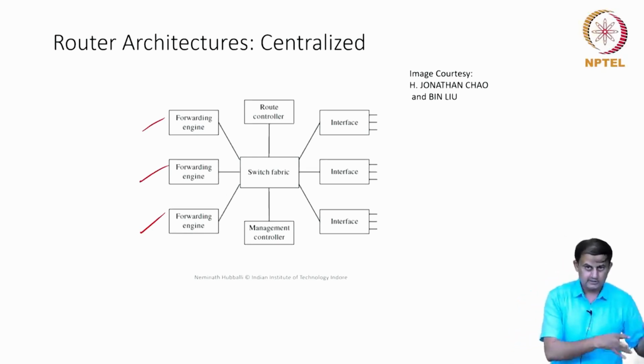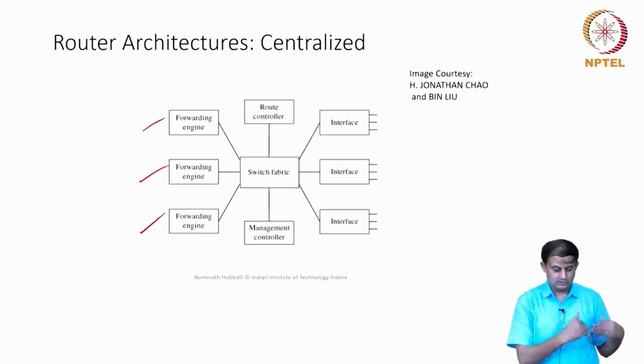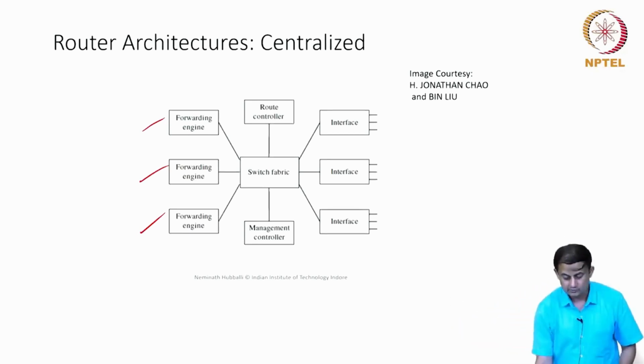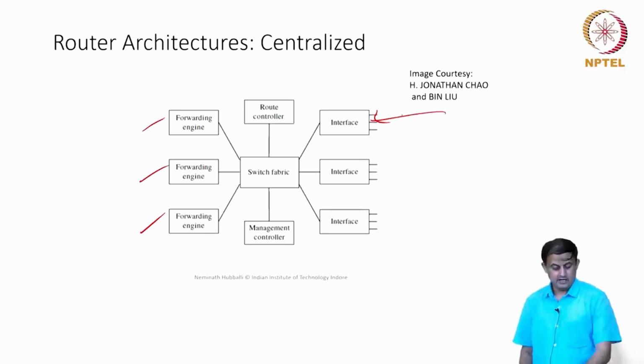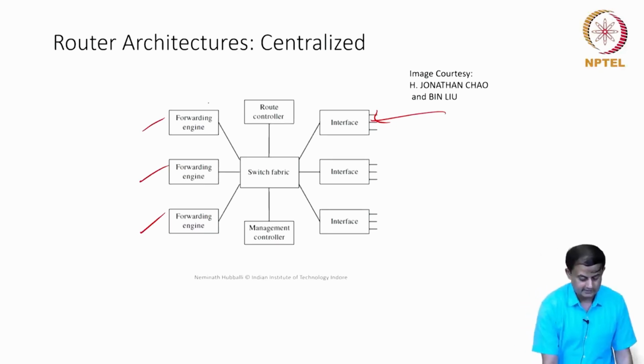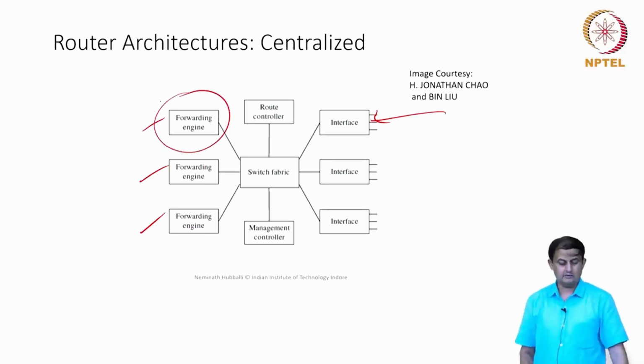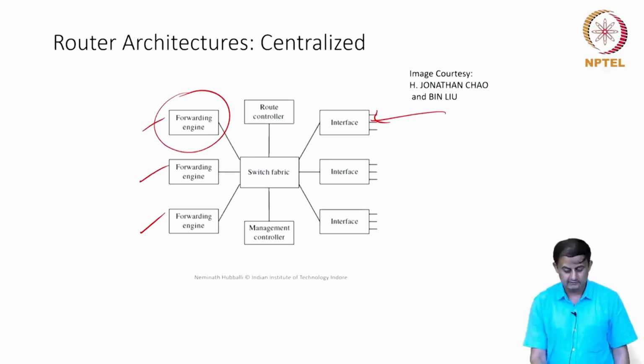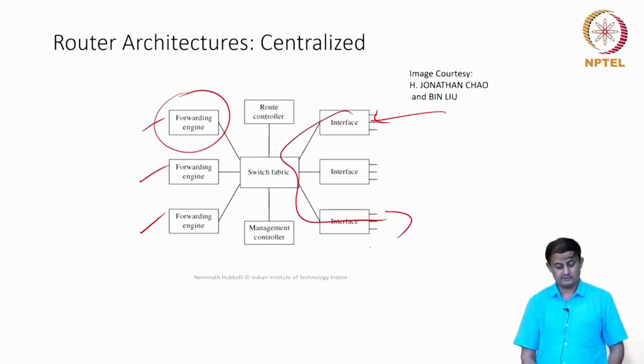So there are 3 instances which are going to do the lookup operation, and you have some number of interfaces. You receive a packet here, and you access one of the available forwarding engines, whichever is free, consult that routing table and do the lookup operation, decide where to send the packet, and then through this fabric you route the packet and send it.